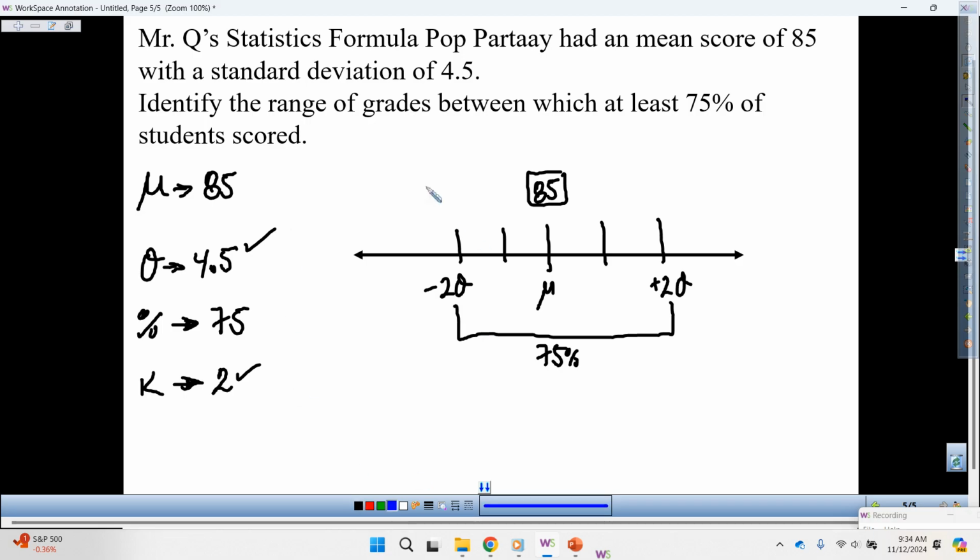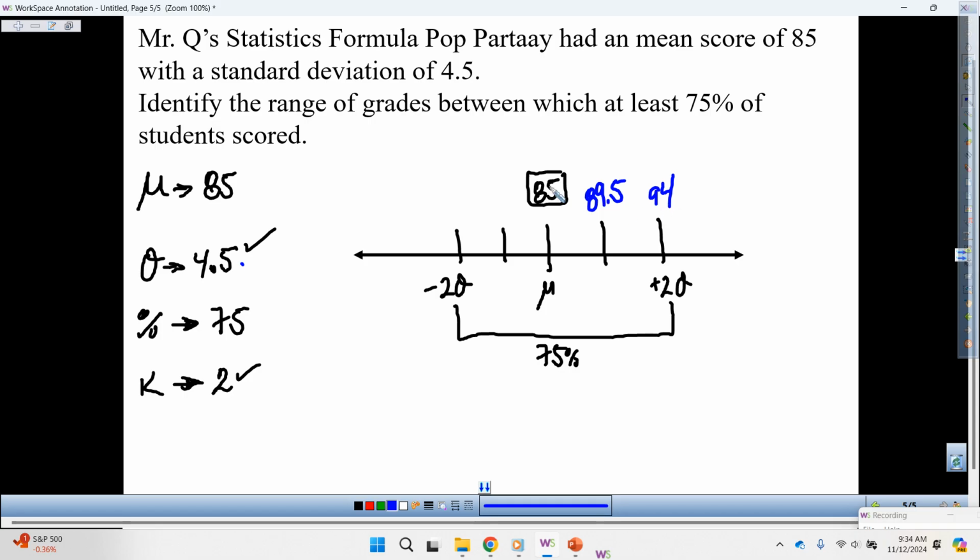So here we go. 85 plus 4.5 is 89.5, but that's only one standard deviation. So if I go another, that leads me to what? 94. Yes, 94.